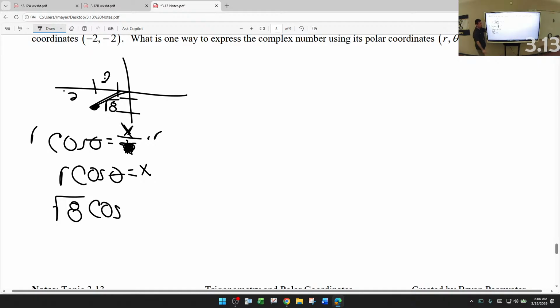Cosine. 1 fourth, 2 fourths, 3 fourths, 4 fourths, 5 fourths. That's the x. Let's put, I don't want to put the comma. Plus root 8 sine 5 pi over 4.